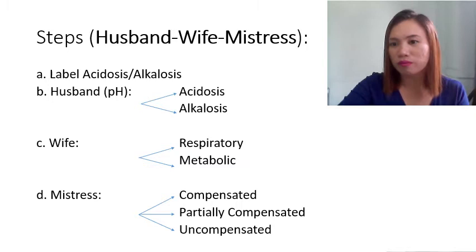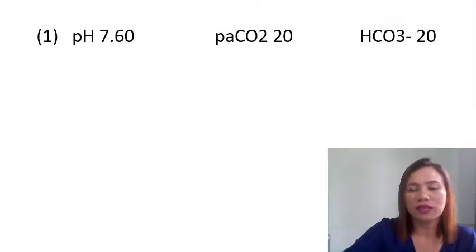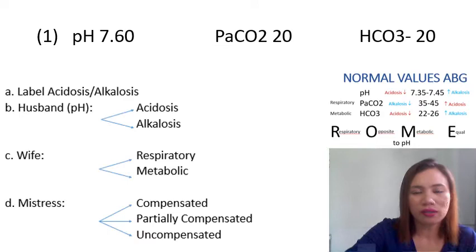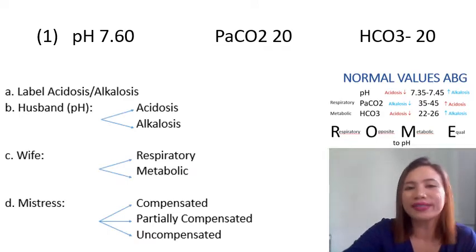Let's do this. First example, these are our lab results. Let's analyze this one. I'll make the notes available. First step, label acidosis or alkalosis. Let's look at your pH. pH is increased. Therefore, it's alkalosis.